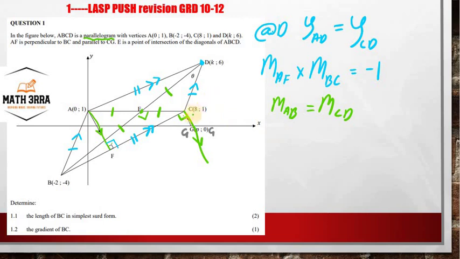Just as line GC is parallel to line AF, so then the gradient of line AF is equal to the gradient of line what? GC or CG, right? What other lines are also parallel? This line AD is parallel to line BC. So that then means the gradient of line AD is equal to the gradient of line BC. Is that making sense, ladies and gentlemen?